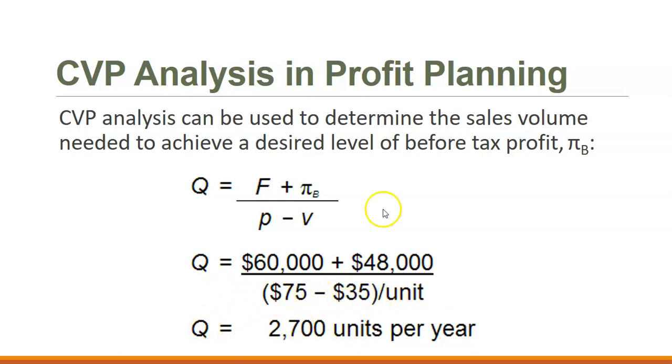So here we have, with our $60,000 a year in fixed cost and a desired profit before tax of $48,000, a contribution margin of $40, we need to sell 2,700 units per year in order to meet that desired before tax profit.